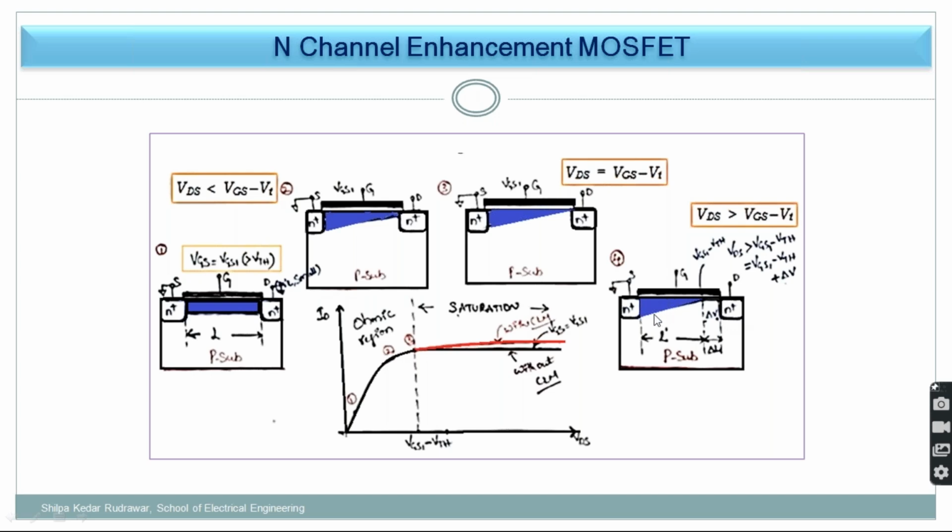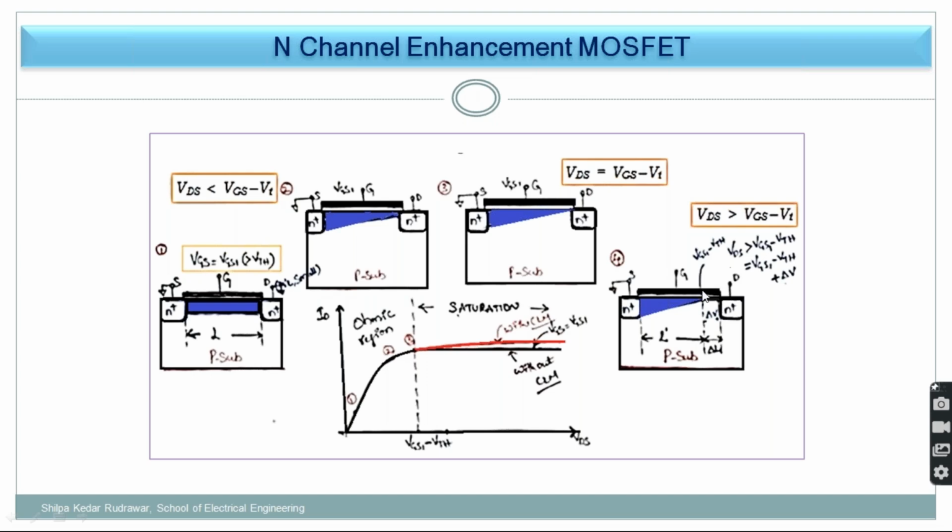So the channel is shifting towards the source. Previously it extended to the drain also, but as VDS keeps increasing, it moves towards the source.